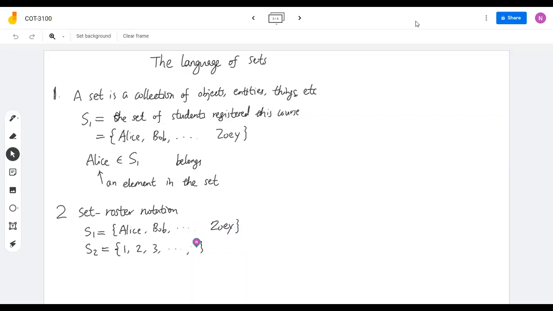I'm thinking about S2 as the set of all positive integers. For example, I can use S3 to denote the set {1, 3, 5, 7, and so on}. And you may guess I use this set to denote all positive odd integers.